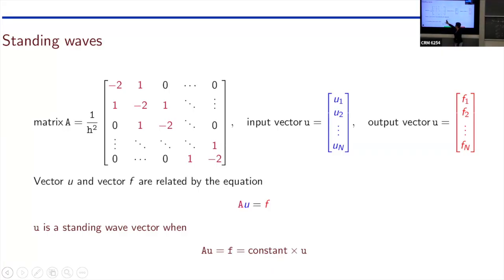I take the matrix A, I multiply by the vector U, and I get the output F. But when magic happens, you get AU equals F, but F itself is a constant times U. That's very special. That's when the blue and the red vector are just scaled copies of each other.